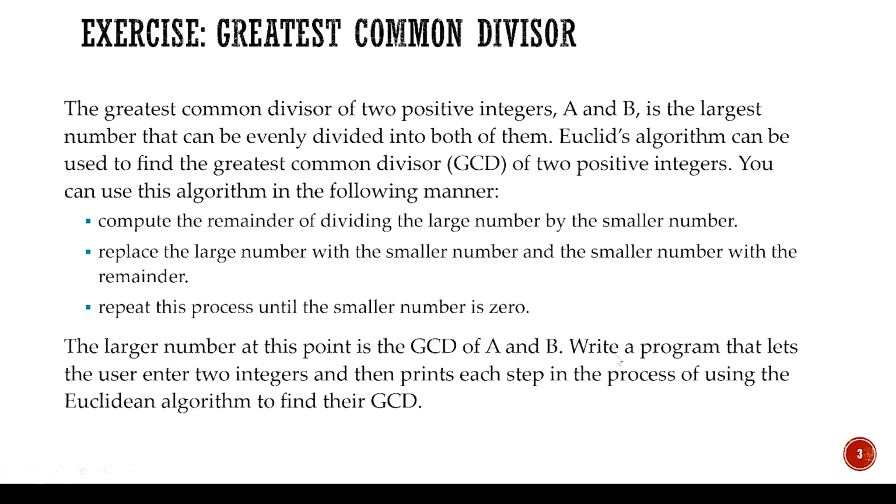Now the question is, write a program that lets the user enter two integers. So we are going to have two input statements and then print each step in the process of using the Euclidean algorithm to find the greatest common divisor. So we want to show the output using the print statements.